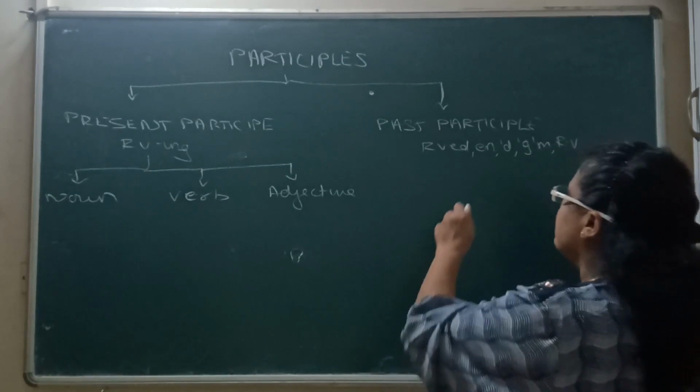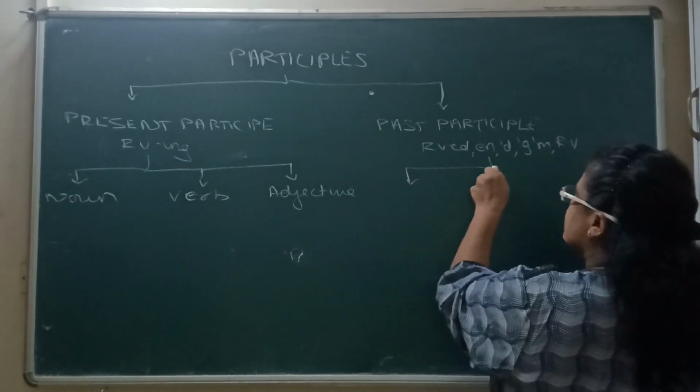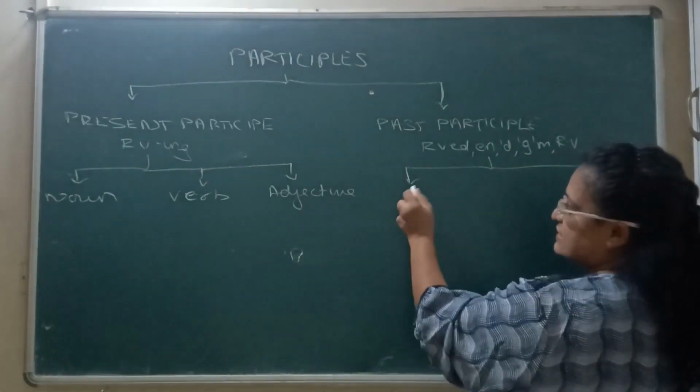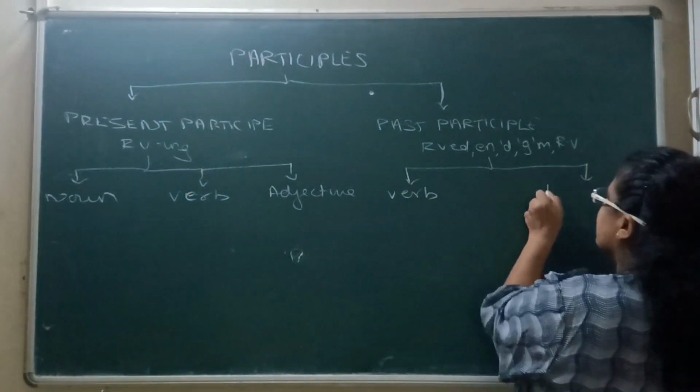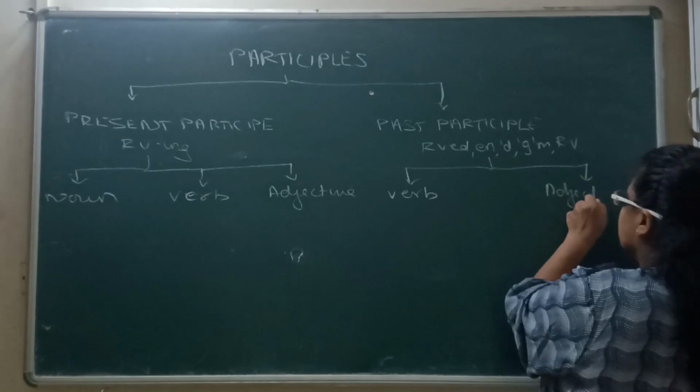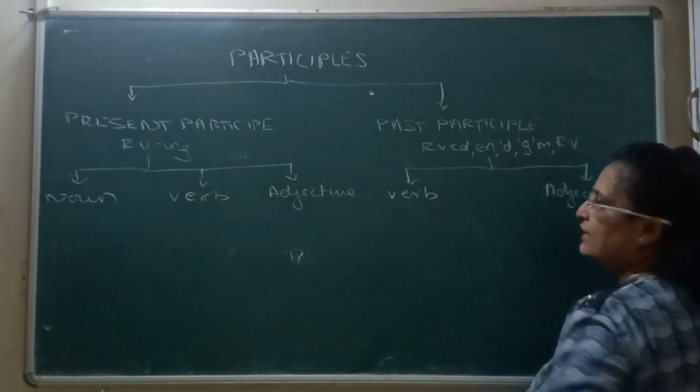And past participle doesn't function as noun, it just functions as verb participle and adjective participle. With example you will be able to understand.